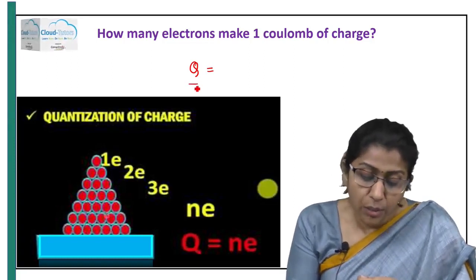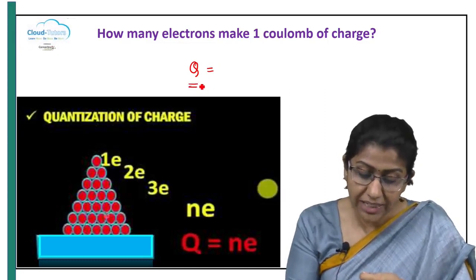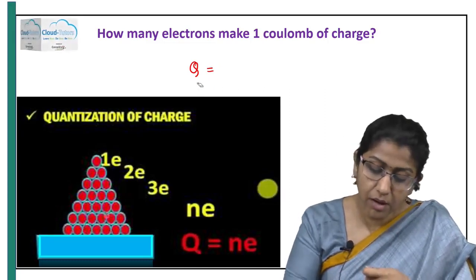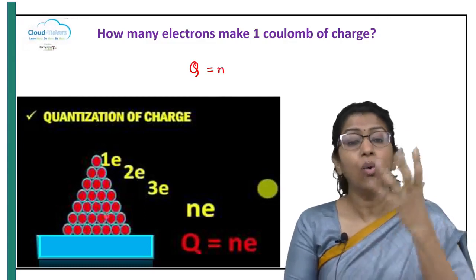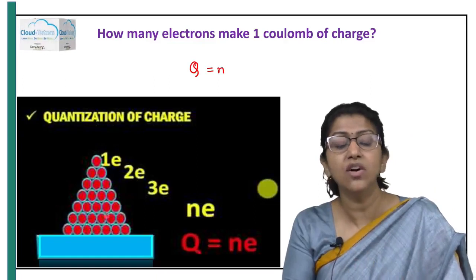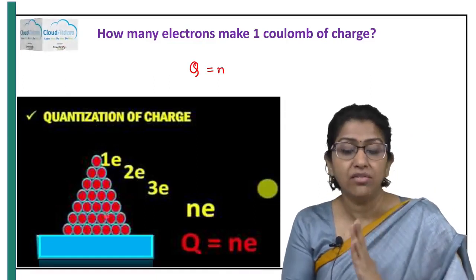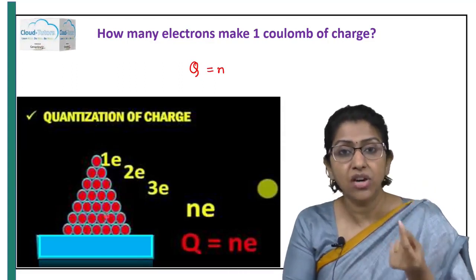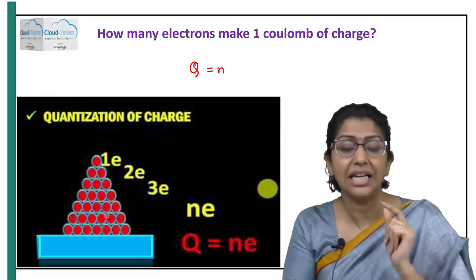So if Q is the amount of electric charge possessed by an object, I can write it as a number times E. We are quantifying the amount of charge possessed by an object in terms of the number of electrons on it. Why do we do this? Because the electron's charge is the fundamental amount of electric charge a particular object can contain.